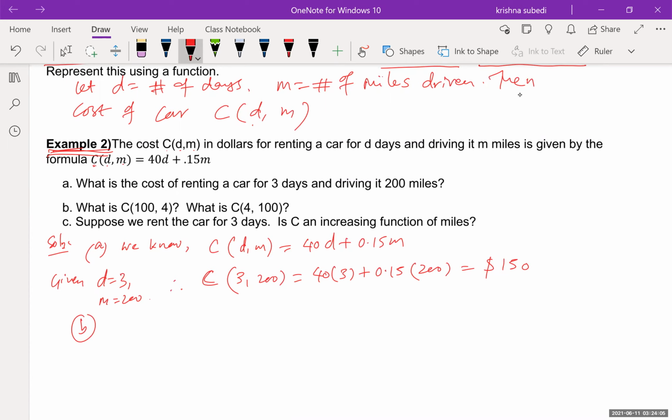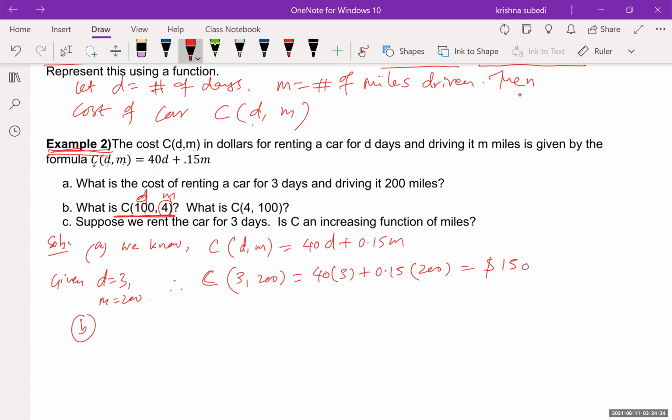Part B. I want you to try this part B just for fun. What is C(100, 4)? So remember, the number of days is 100 and the number of miles driven is 4. This one is a weird situation, right? The guy is actually renting the car for 100 days and all he drove is 4 miles. Okay, that's not good. But anyway, we can calculate the total cost.